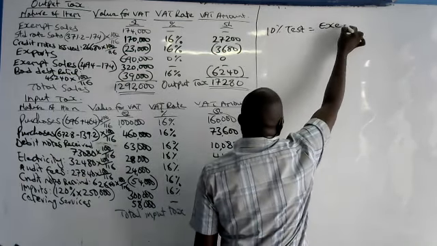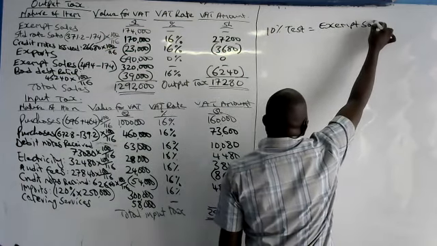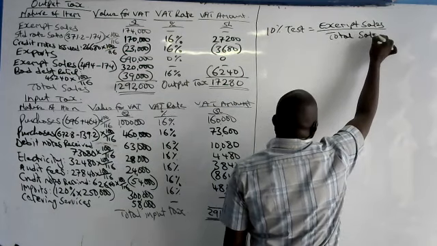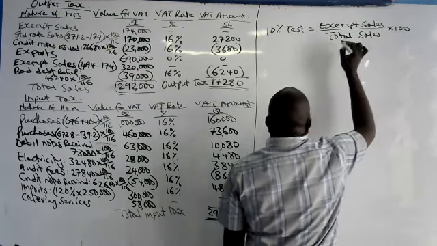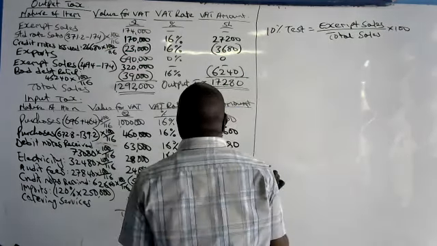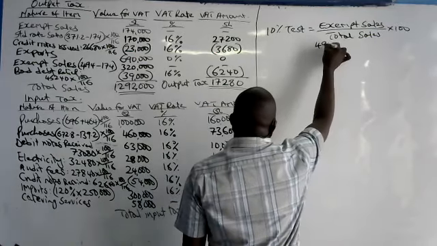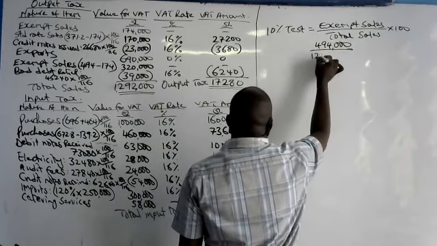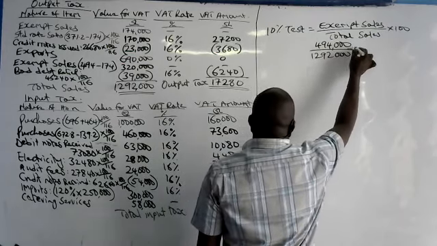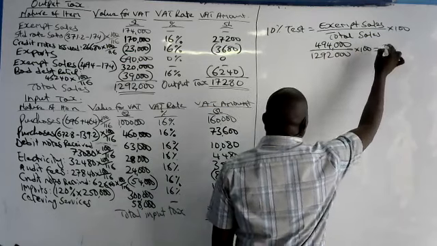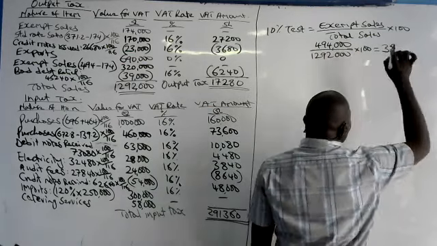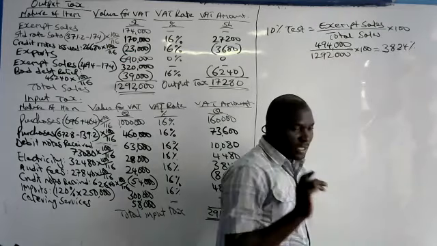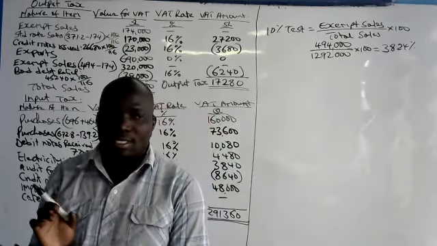Exempt sales divided by what? Exempt sales divided by the total sales, times 100. So our exempt sales is 494,000 divided by the total of 1292. Nasema ni ngapi 30? 38.24. So 38.24 is more than 10% still.